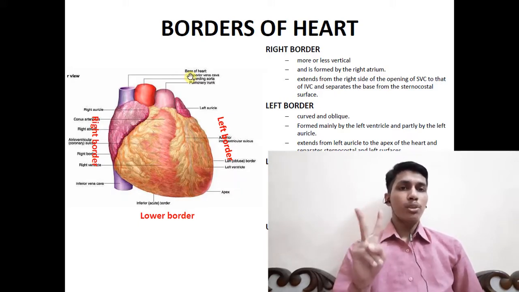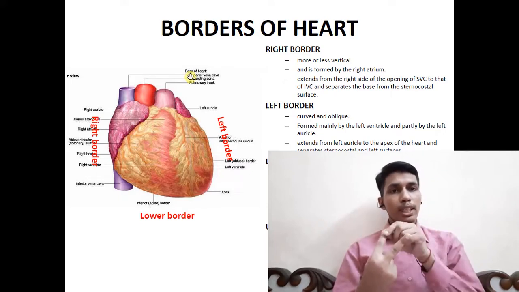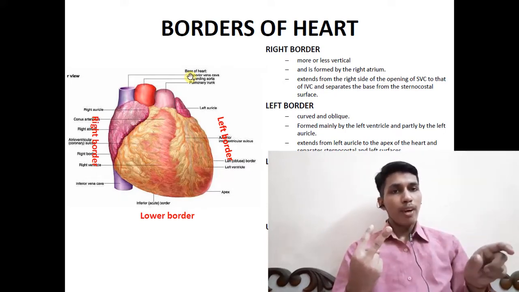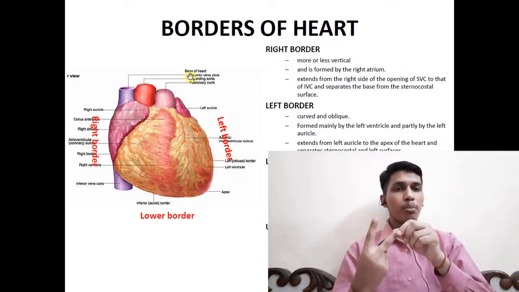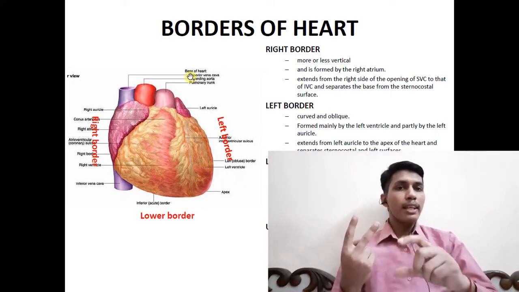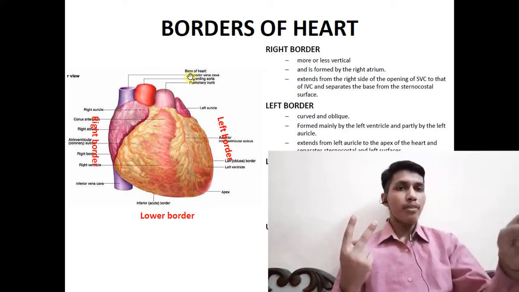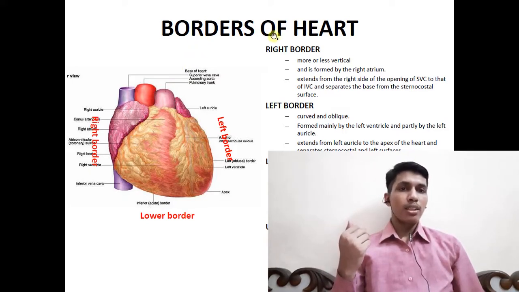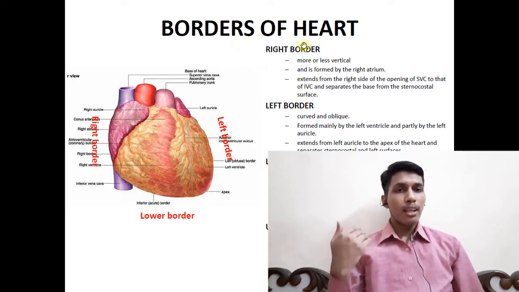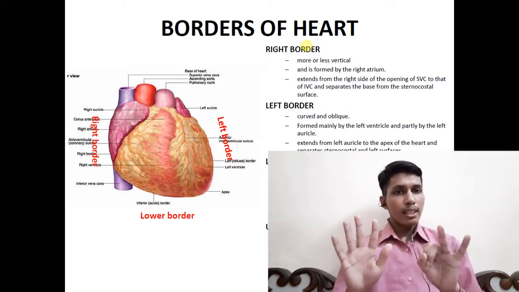Types of circulation are 2 in number. 1 is the systemic circulation from the left ventricle to the right atrium, and number 2 is the pulmonary circulation from the right ventricle to the left atrium. So today I am going to deal basically with the borders of the heart. In further videos I will deal with all the 7 external features separately.